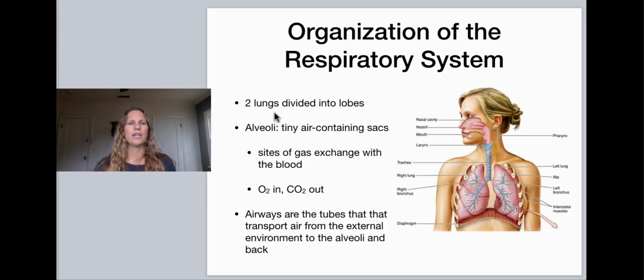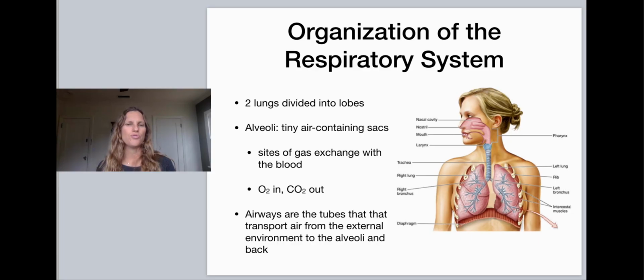The alveoli are our tiny little air sacs that are the site of gas exchange between the air in the alveoli and the blood. Oxygen is going to move from inside the alveoli into the blood, and CO2 is going to go the opposite direction, from the blood into the alveoli, and then you're going to blow it out.